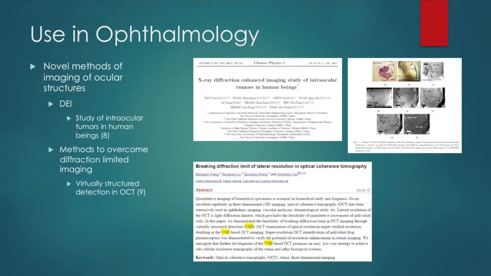The DEI principle has been used to look at ocular tumors, as demonstrated by this Chinese paper, which used an X-ray diffraction enhanced imaging study for intraocular tumor in human beings. They looked at, I believe, retinoblastomas in eviscerated eyes and compared the histology pictures with a DEI image and a conventional X-ray.